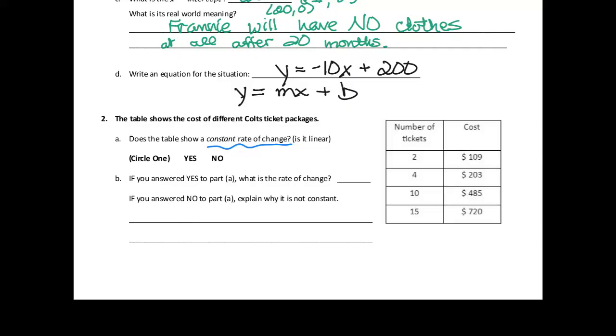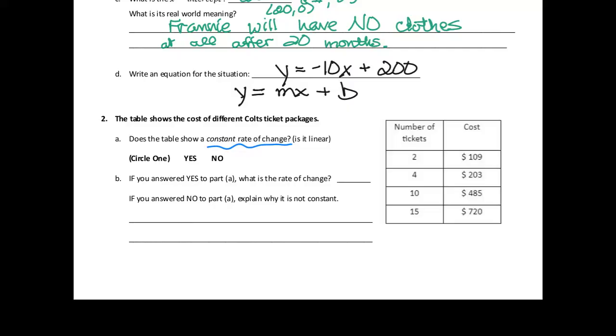Number of tickets, 2. Cost, $109. So if I got 4 tickets, that would seem to be 109 times 2, which would be 218.